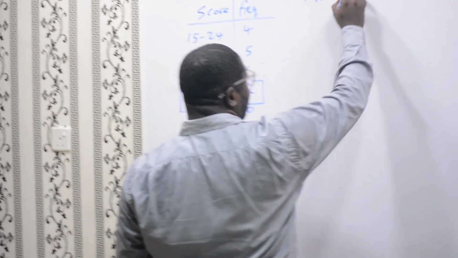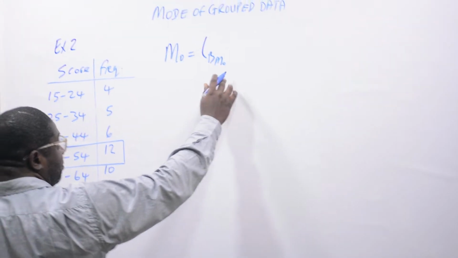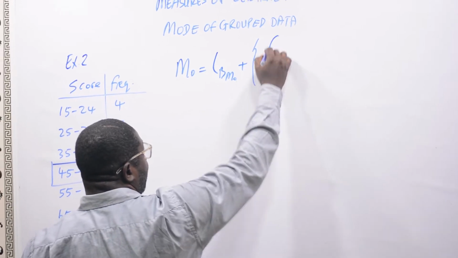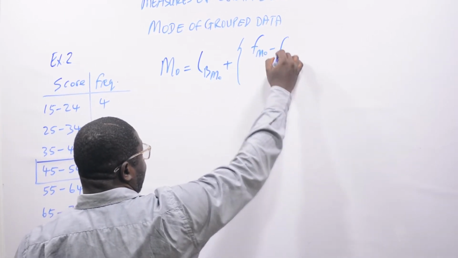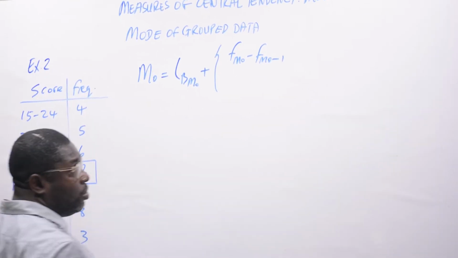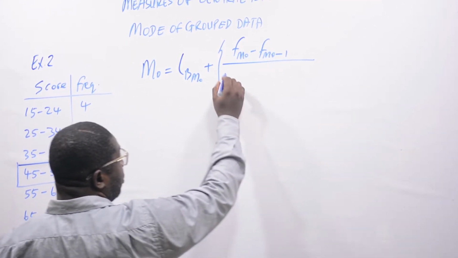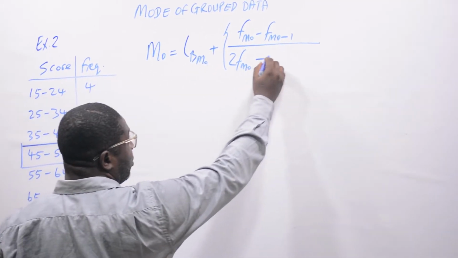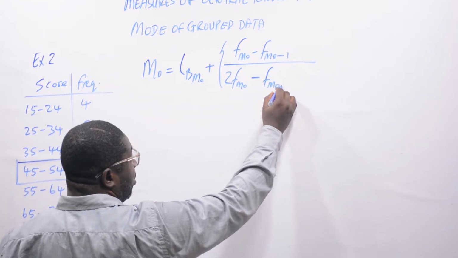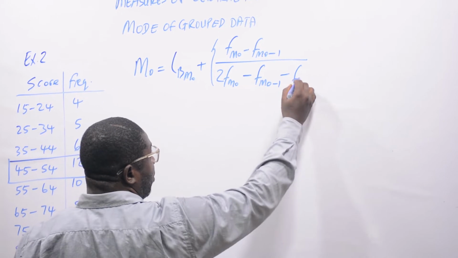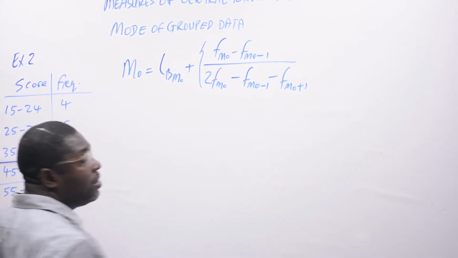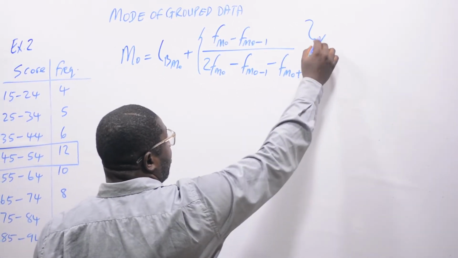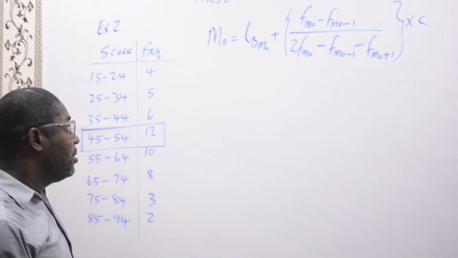And the formula is given as the lower class boundary of the modal class plus, open the brace, the frequency of the modal class minus the frequency of the class before the modal class, divided by 2 times the frequency of the modal class minus frequency of the class before the modal class minus frequency of the class after the modal class. This is what we have. So we close the brace and we multiply by the class size.